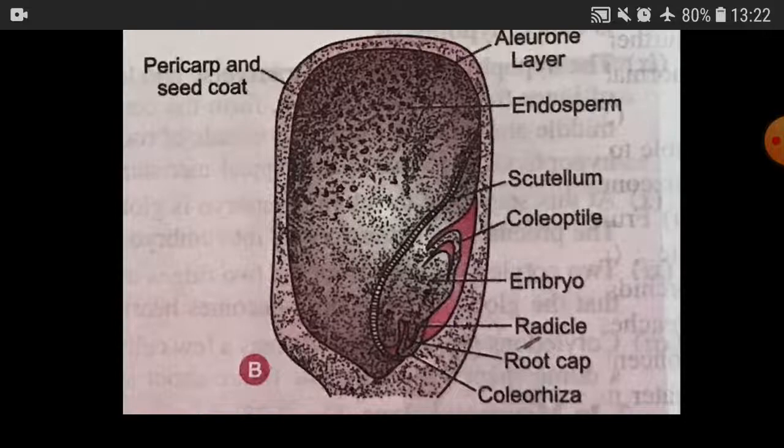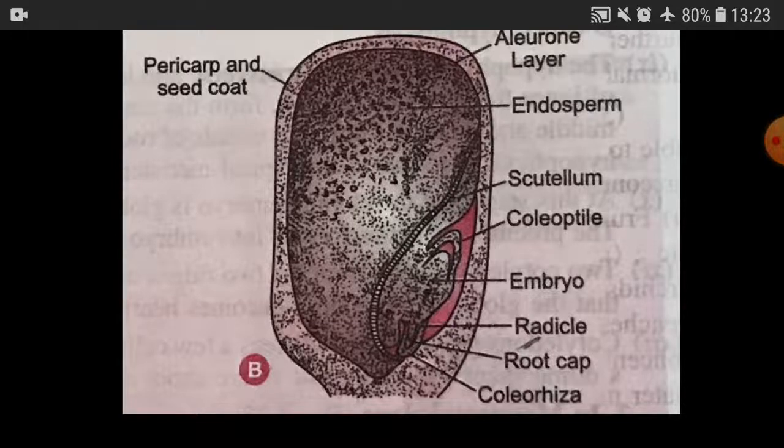You can perform a small activity also at home. You can soak a few seeds in water. You can soak seeds of wheat, maize, peas, chickpea, anything which you have at home, any pulse or any grain. Just soak it overnight and then take out the extra water and allow it to sprout. When it starts sprouting, split the seed and observe different parts of the embryo.